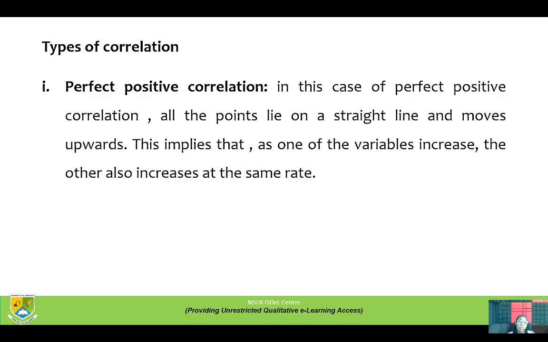In the case of a perfect positive correlation, all the points lie on a straight line and they move upwards. This implies that as one variable increases, the other increases at the same rate.